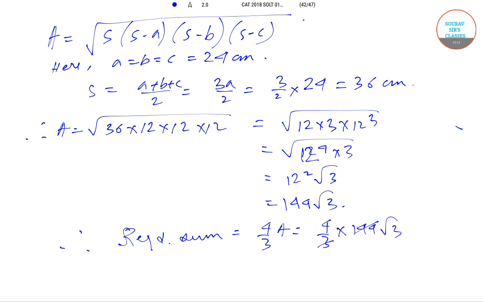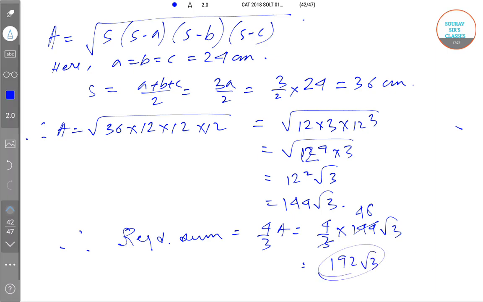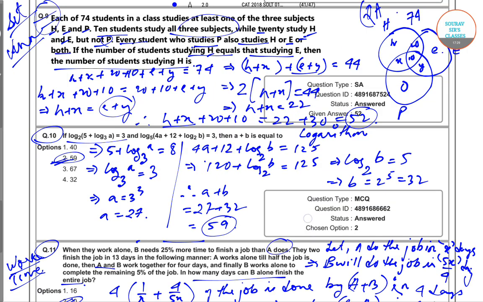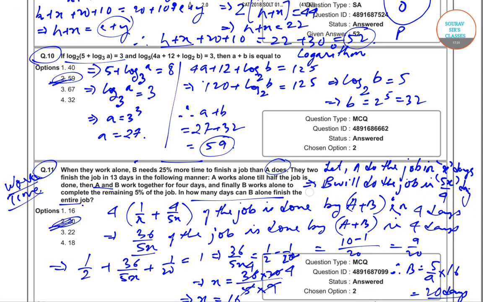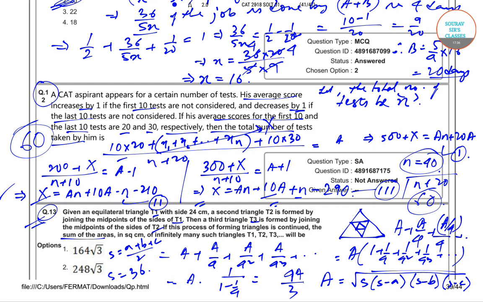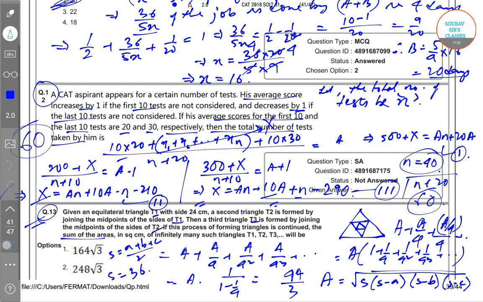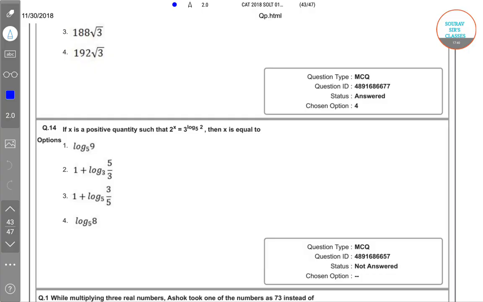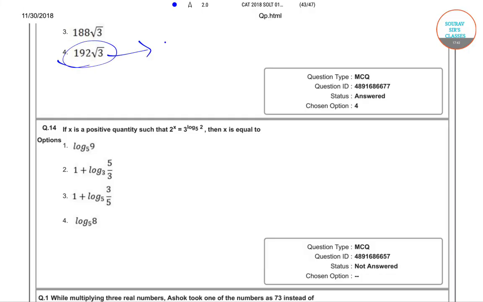So this will be equal to 192 root 3, which is given as you can see over here, the option 4. So option 4 over here is the correct option.